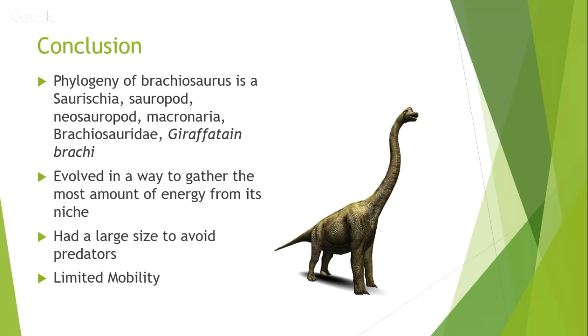Some of its features that helped it survive during the Jurassic period are its long neck that helped to reach the tops of trees, and the organs that helped support this appendage in order to obtain the greatest amount of energy from plants. Its large size helped it prevent predators from attacking it, which was helpful since its mobility was hindered by its size. And this is my presentation.